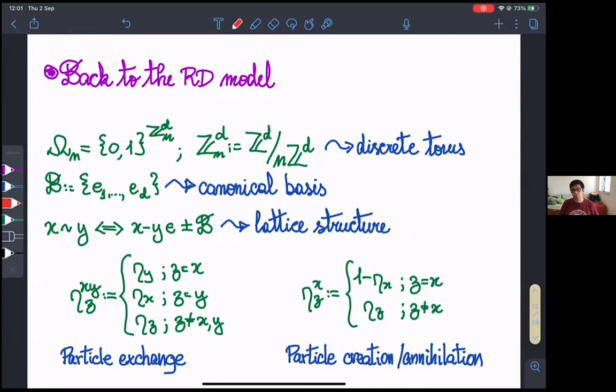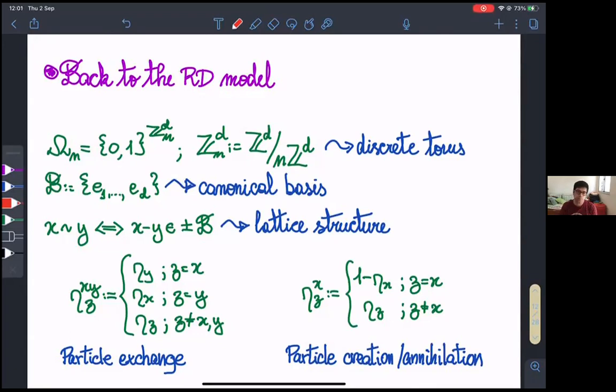If you take a configuration of particles eta, then eta^{xy} is a new configuration obtained by exchanging the particles at x and y, and is defined in this way here. Also the particle creation and annihilation can be encoded into this transformation, the flip transformation.